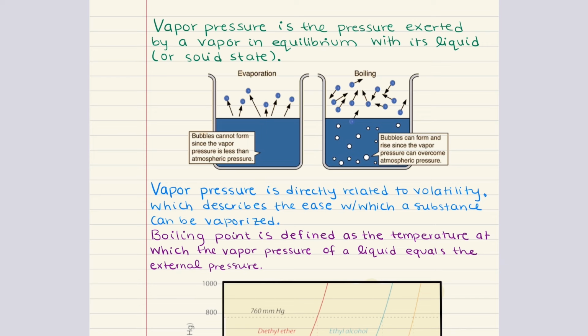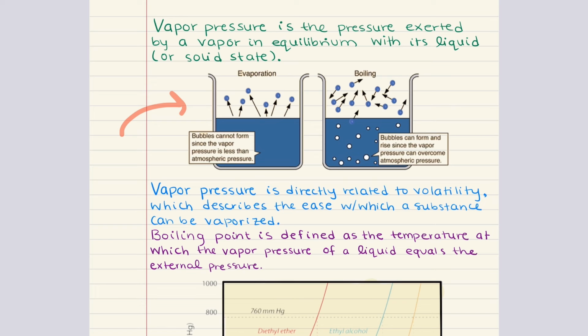Now, vapor pressure, this is the pressure that's exerted by a vapor when it is in equilibrium with its liquid or solid state. At this equilibrium, the rate of evaporation of liquid molecules equals the rate of condensation of vapor molecules, meaning there is no net change in the amount of liquid or vapor.